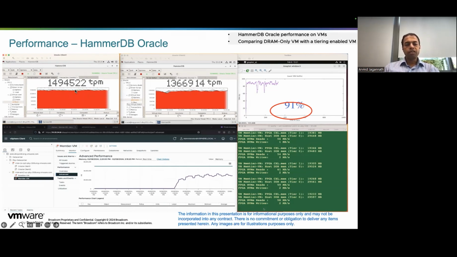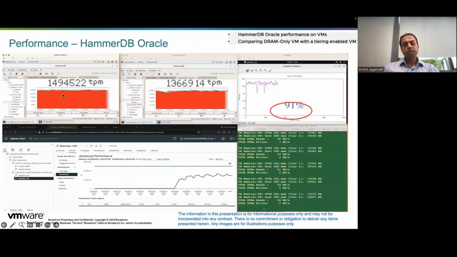The one on the left is pure DRAM performance, which shows the transactions per minute, TPM, for a typical Oracle client load. These clients connect to a server that is running PBerry, and each workload runs as its own VM on the server side. That VM is configured to either use DRAM only or use a 1:1 capacity of DRAM and PBerry.